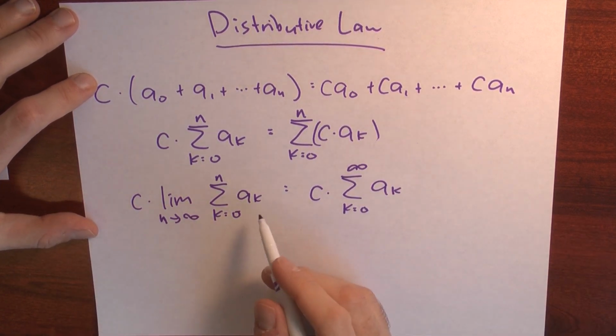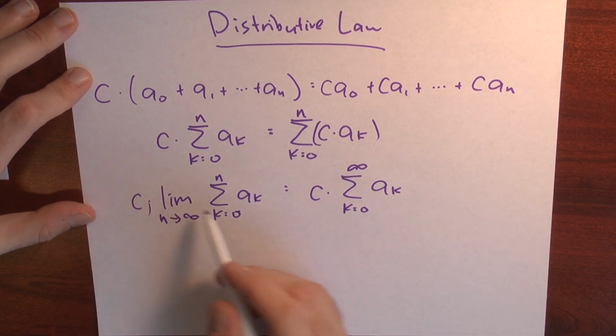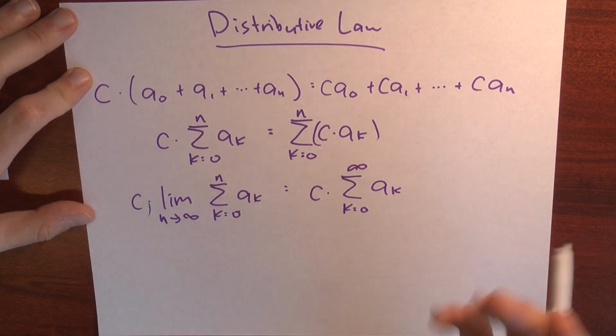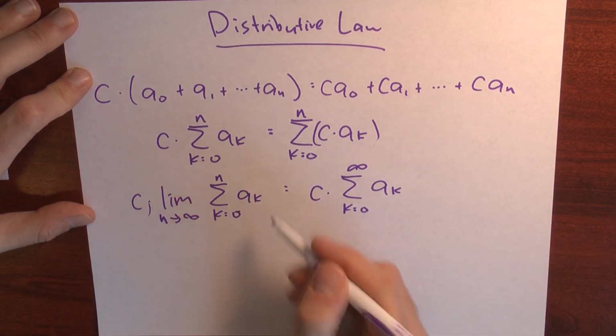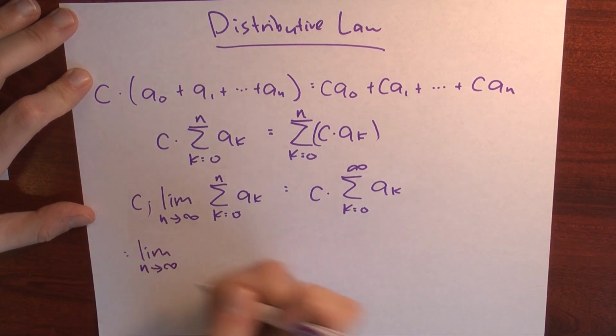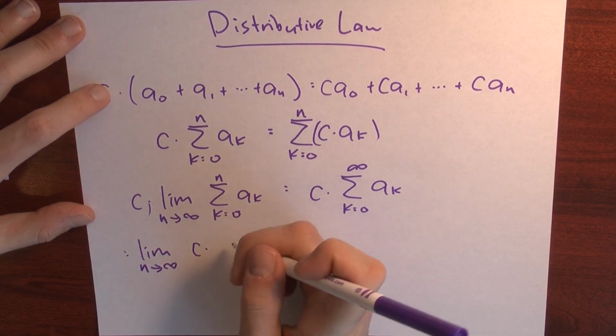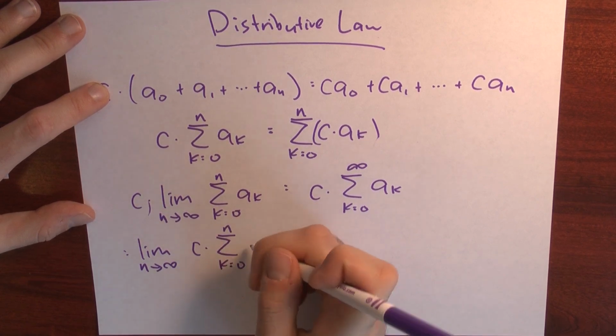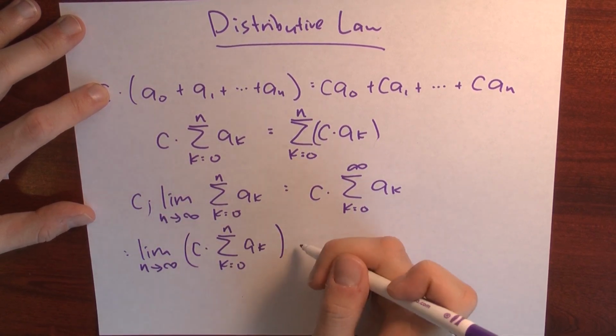But I know something about limits. A constant multiple of a limit is the limit of that constant multiple times whatever I'm taking the limit of, right? So this thing here is equal to the limit as n approaches infinity of c times the sum k goes from 0 to n of a sub k.